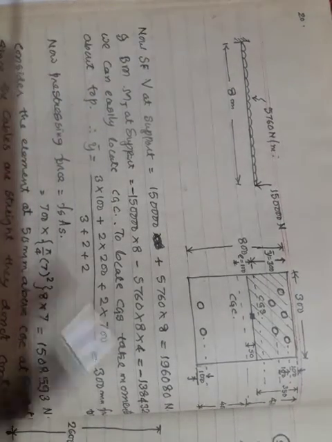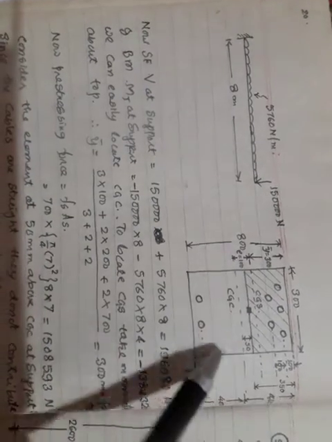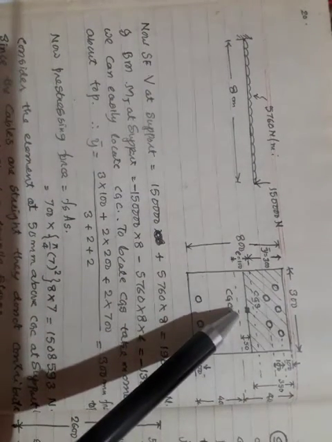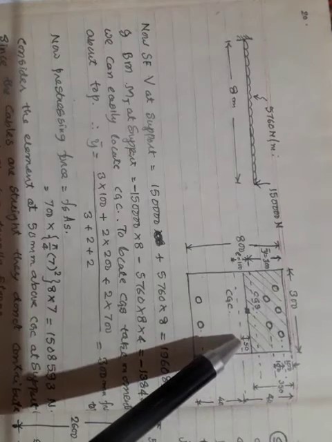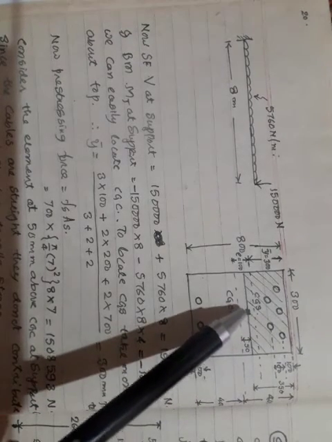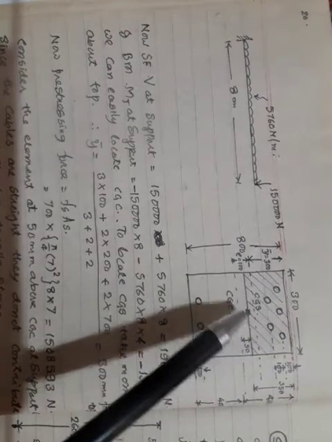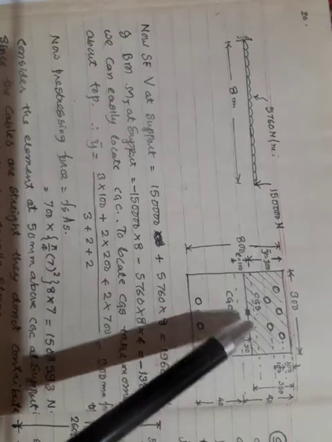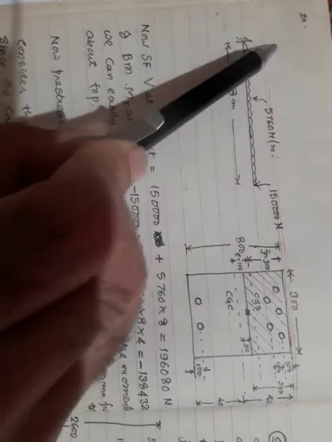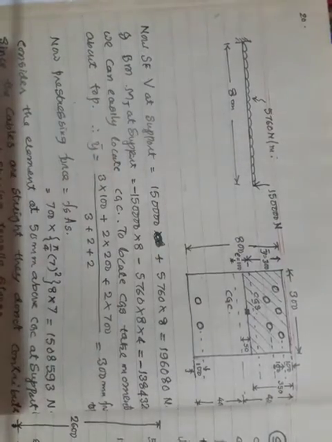And what he has said is you have to take an element at 50 mm above CGC. The element is lying at 50 mm above CGC, and this cross section is at the fixed end here.